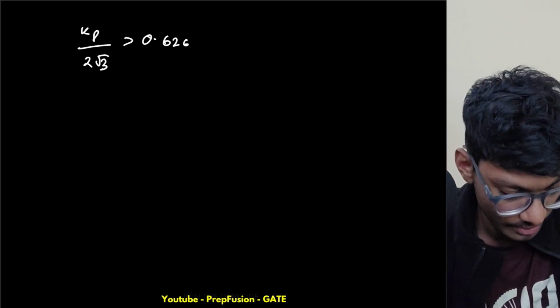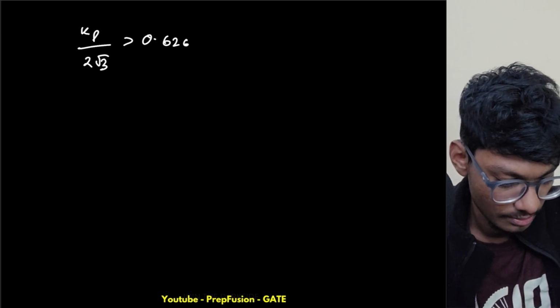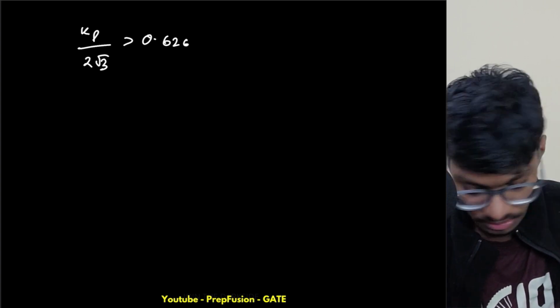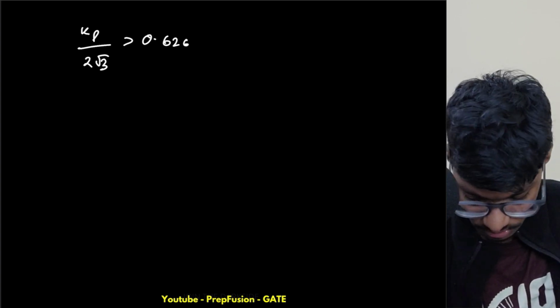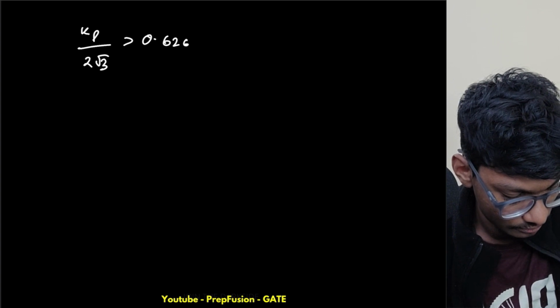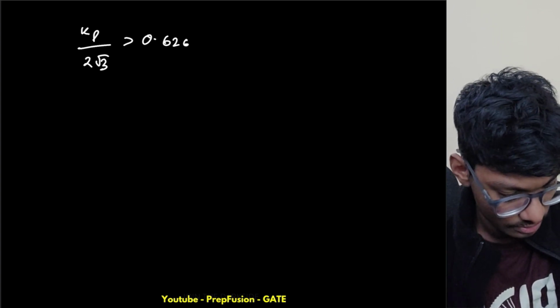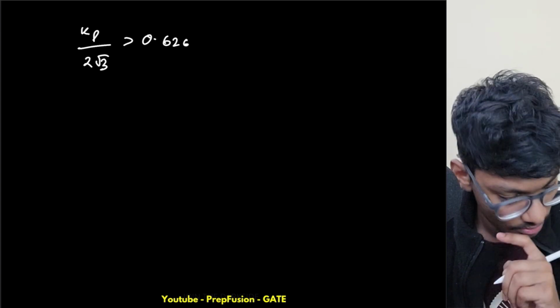So basically my Kp has to be greater than this into 0.626.